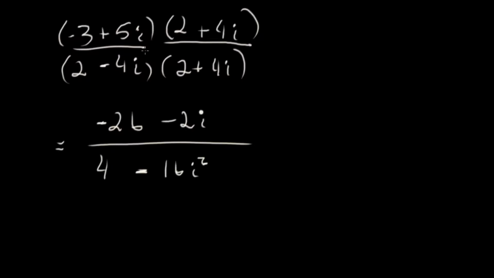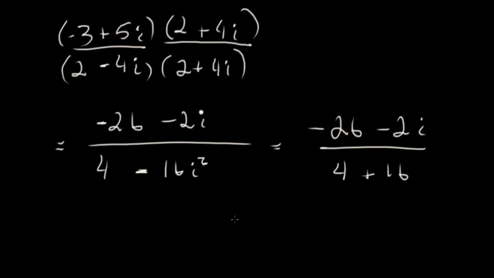And then the rest disappears because we're multiplying by the difference of squares. 4i, negative 4i and 2, positive 4i and 2, that's going to go away. So what is the final answer here? We have a negative 26 minus 2i in the numerator. In the denominator, we have 4 plus 16, so a 20. And we get negative 26 minus 2i divided by 20.